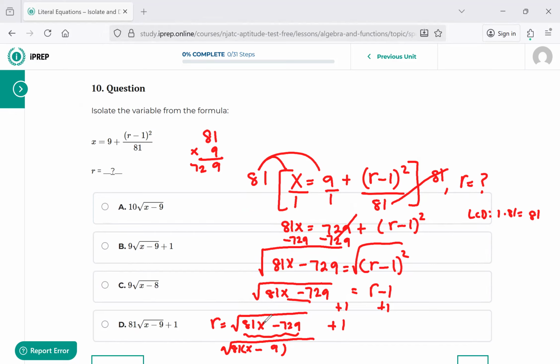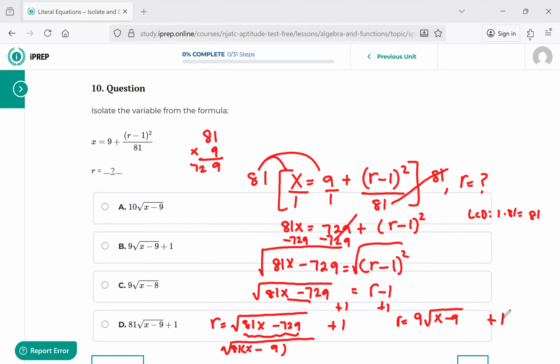So why don't you see our answer? Because you can simplify the square root of 81, since the 81 is inside the square root. What's the square root of 81? It's a perfect square. It's 9, because 9 times 9 is 81. So this 81 becomes a 9, and inside you're just left with the square root of x minus 9.